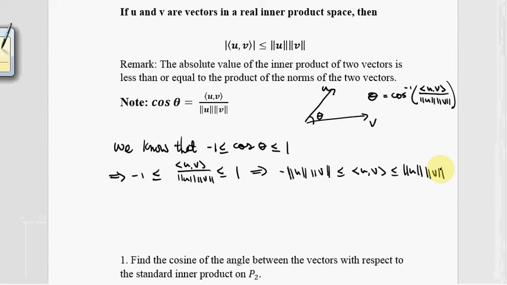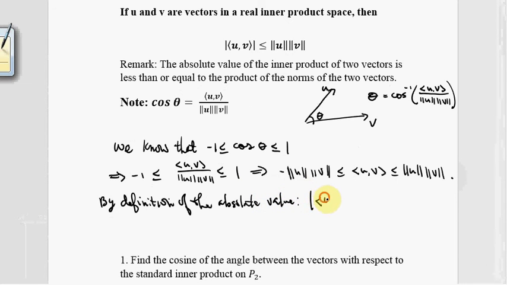Now by the definition of the absolute value, we have the absolute value of the inner product of u and v less than or equal to the norm of u times the norm of v.